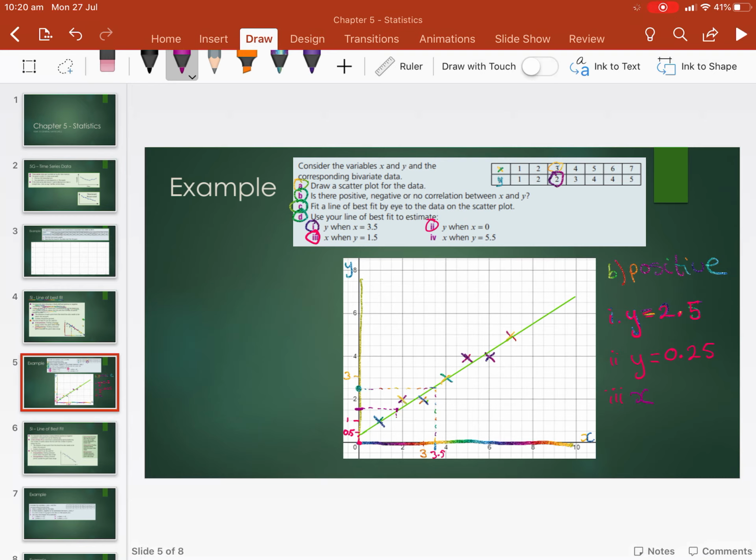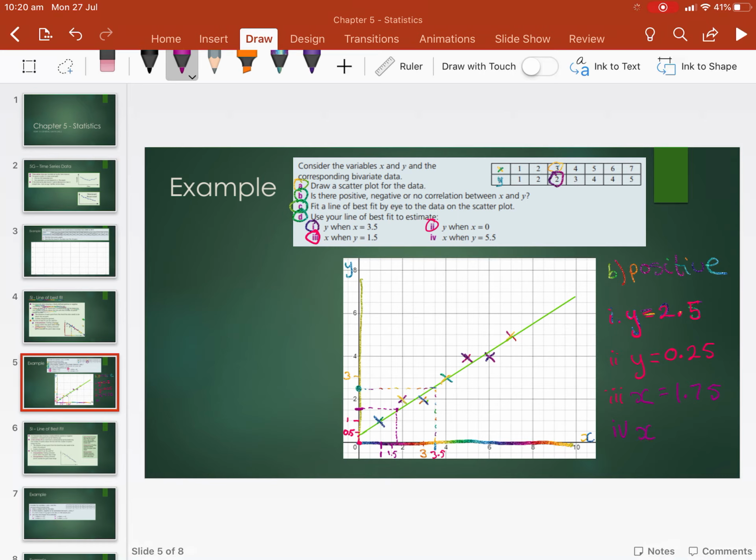What value is x if we go down here like this? Again, that's 1. This point is 1.5, so it's between 1.5 and 2. So that's actually going to be 1.75. That's the number between those two. So this is what we call interpolation, because we're looking at other values that we don't know, but it's within our data.